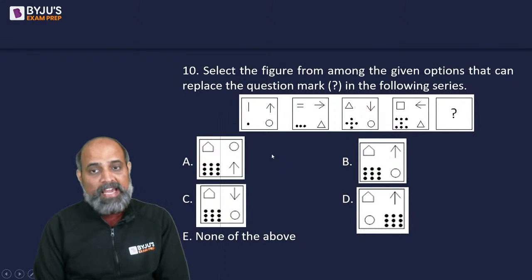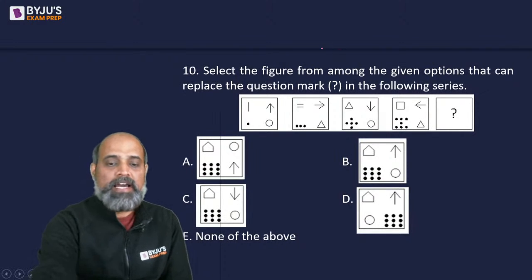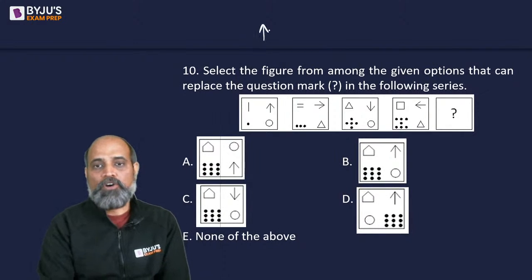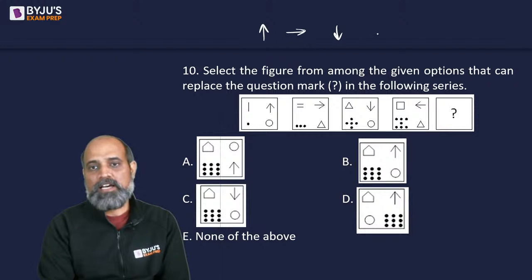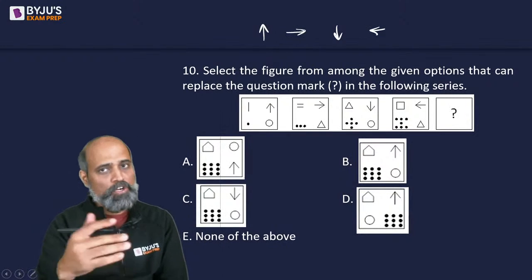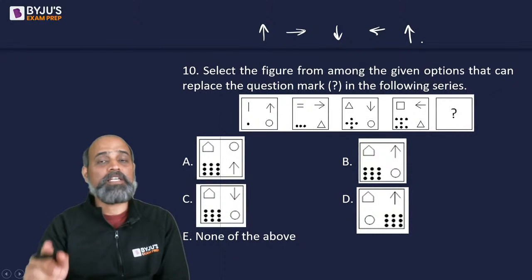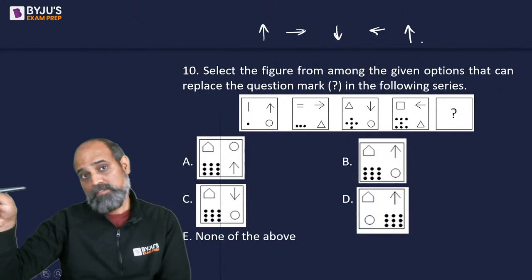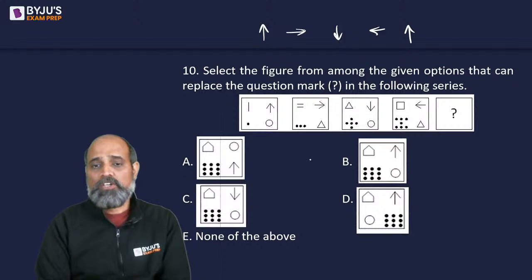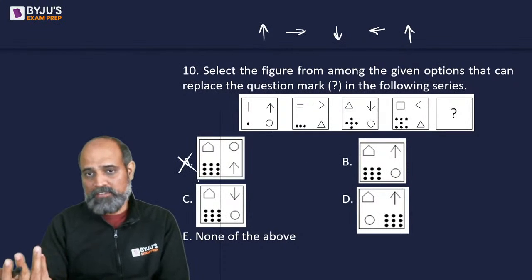If you look at the arrows, the arrow initially is pointing north, then east, then south, then west. It's moving clockwise. The next one should be upwards. And at the same corner, the arrow is not moving around. So that means A can't be your answer.